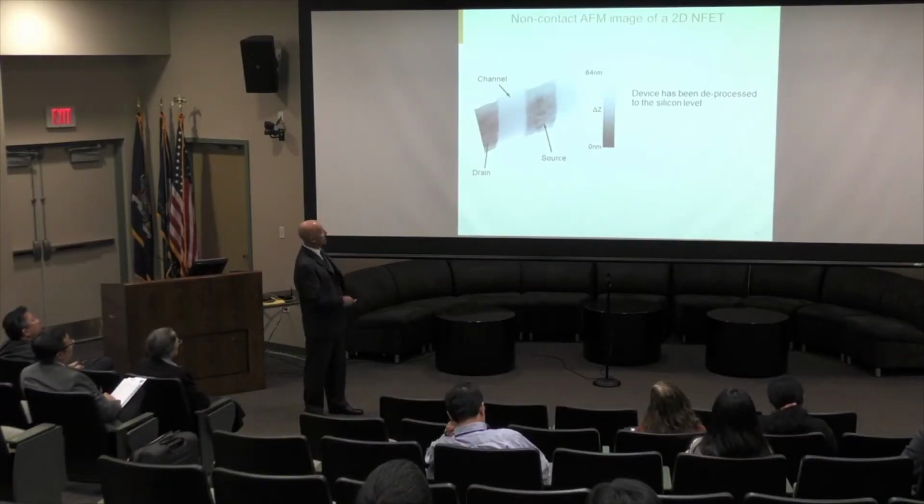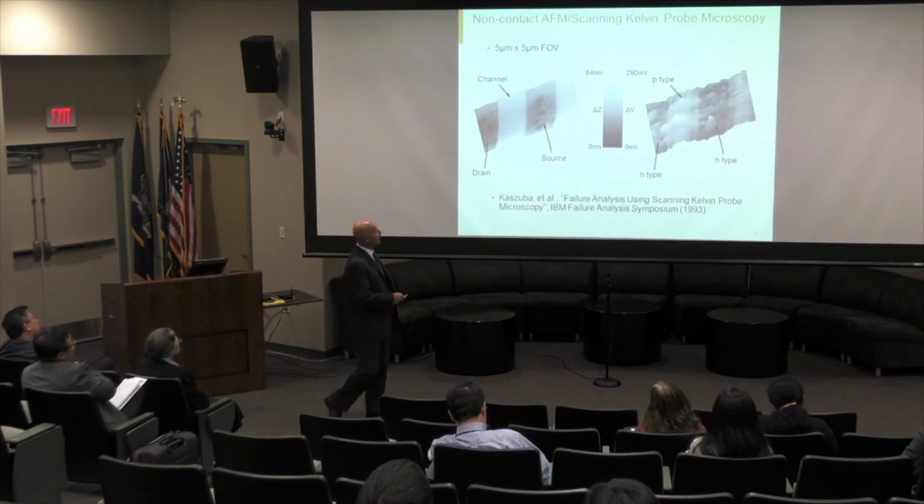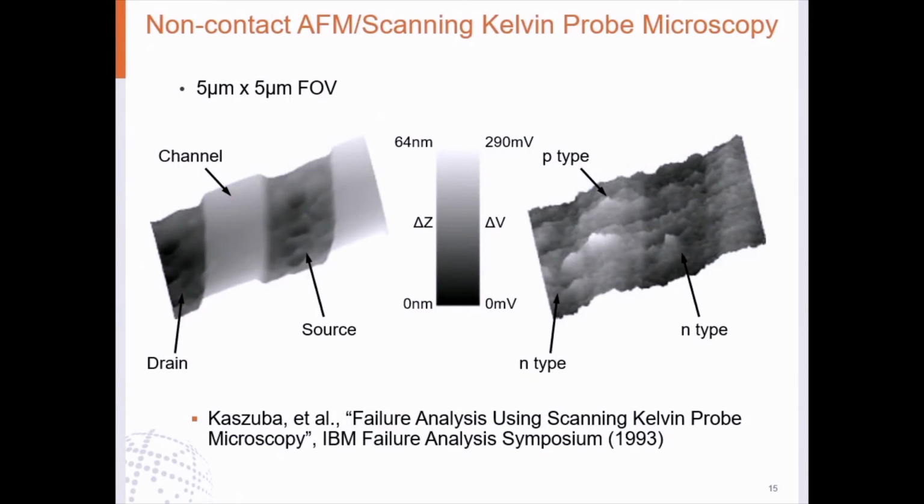Okay, now just going back to this early device a little bit, I mentioned this device has been deprocessed to the silicon level. This was some work that we had done back in '92, '93, where we used scanning Kelvin probe microscopy to image this device.